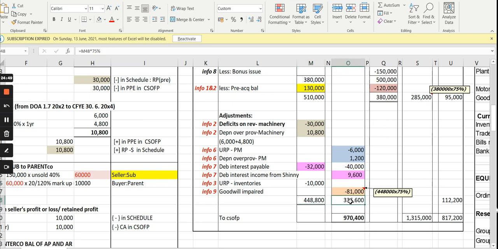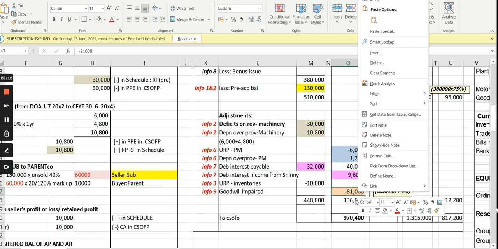So this 336,600 is actually 448,800. 448,800 should be 800 here. 448,800 times 75%.